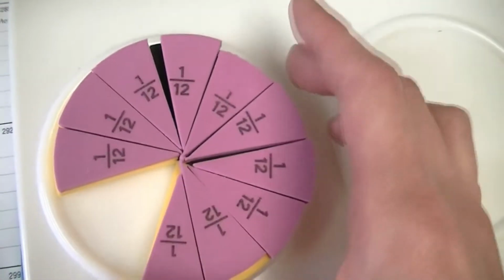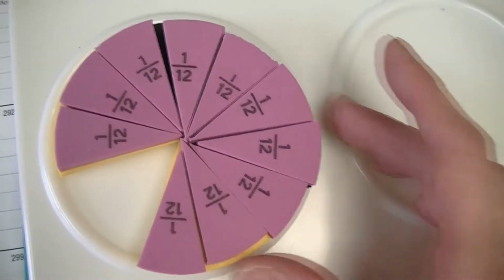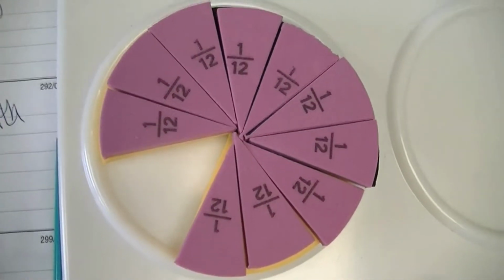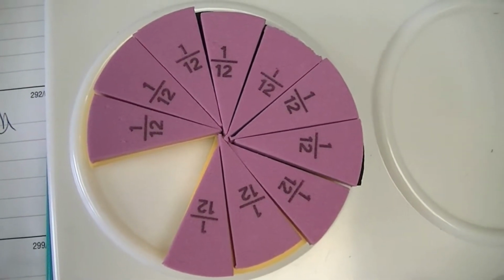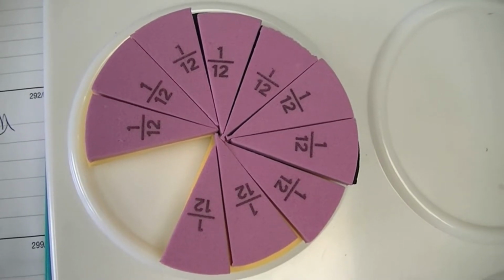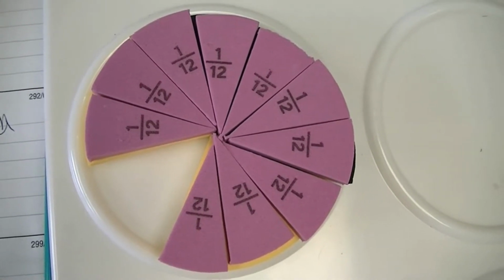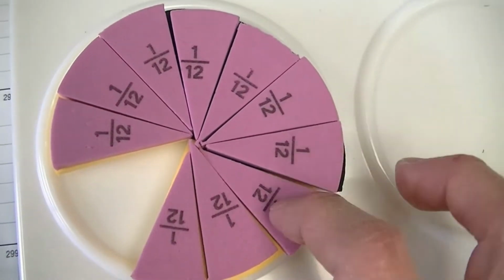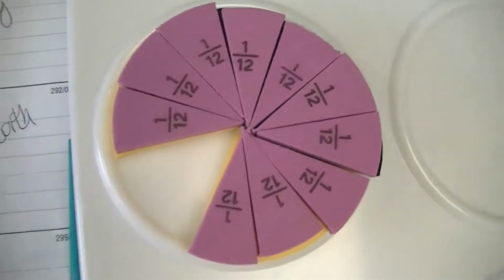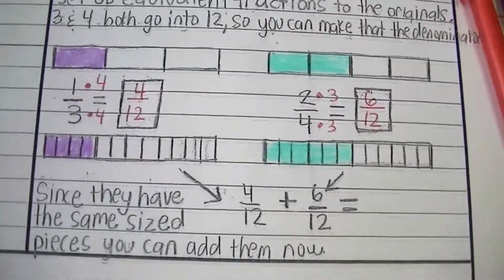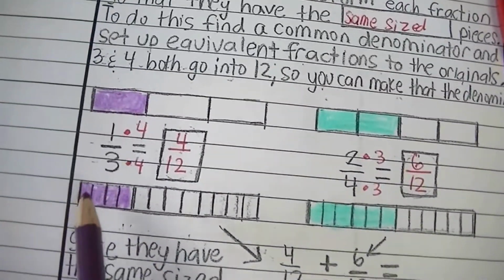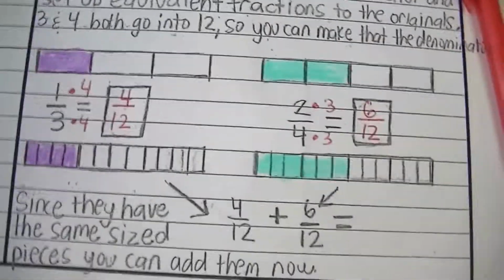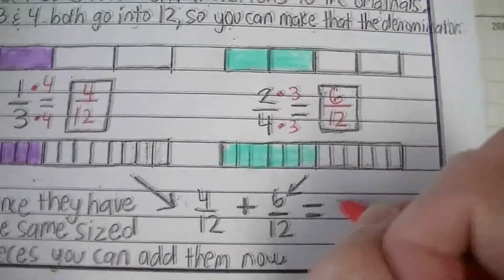So now you see how they are the same size pieces, and it makes it so much easier for us to add. When I look at this, 1/3 plus 2/4, or I could also say 4/12 plus 6/12, is equal to 1, 2, 3, 4, 5, 6, 7, 8, 9, 10. 10/12. You'll also see it right here with the picture: 1, 2, 3, 4, 5, 6, 7, 8, 9, 10. 10/12.